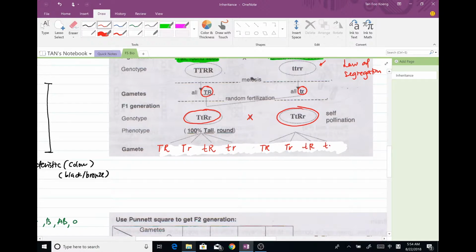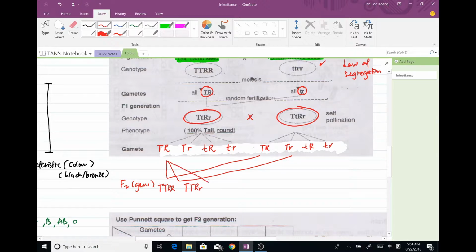Now, how do we predict the F2 generation? Are we going to do it this way? Yes, you can. The first combination will give you the big T, big R. The second combination here will give you the big T, big R, and small r.